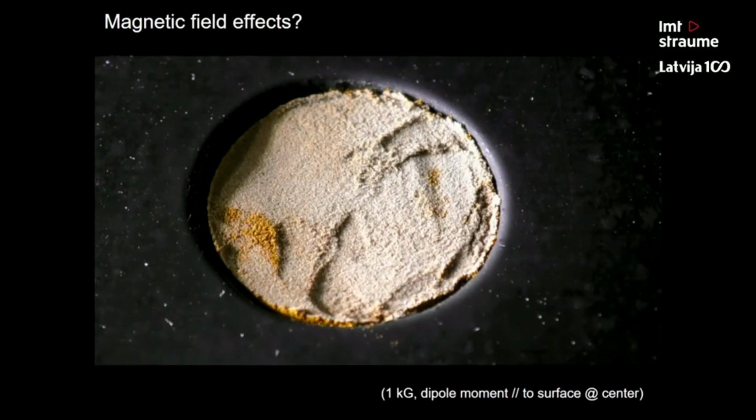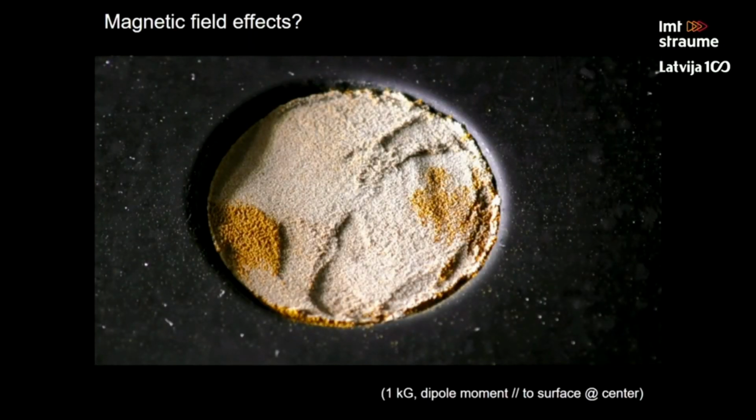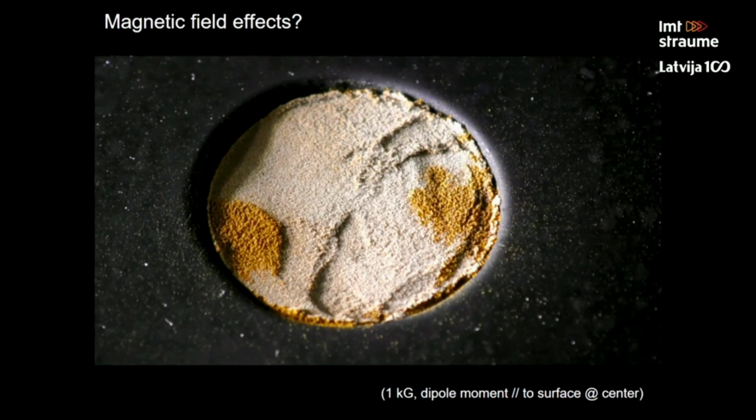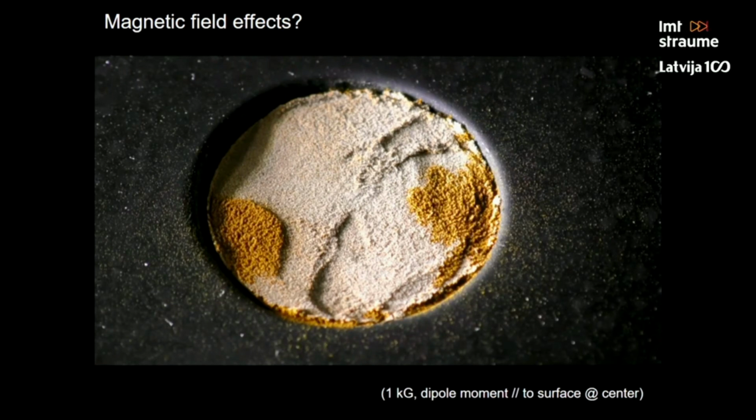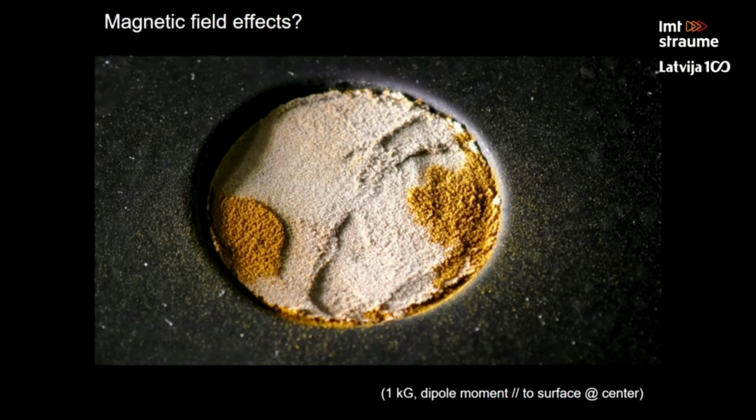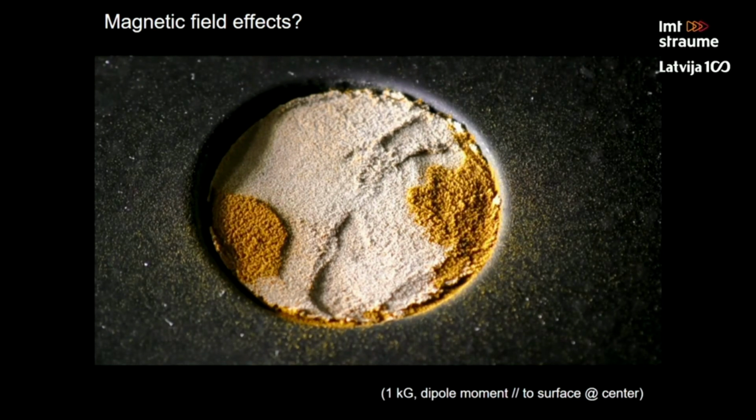However, in order to make sense of Riga gamma, this is, I think, the cooler stuff. Here, the additional element in this experiment is to use a magnetic dipole parallel to the surface. We covered the sample with white stuff to really see what's happening.